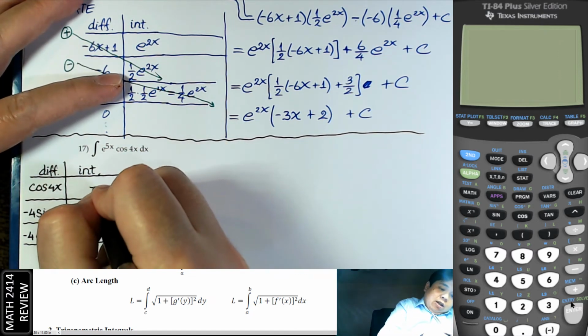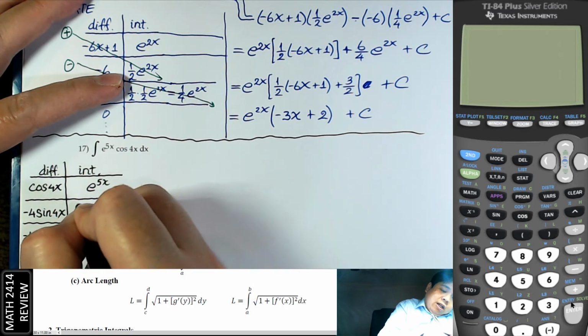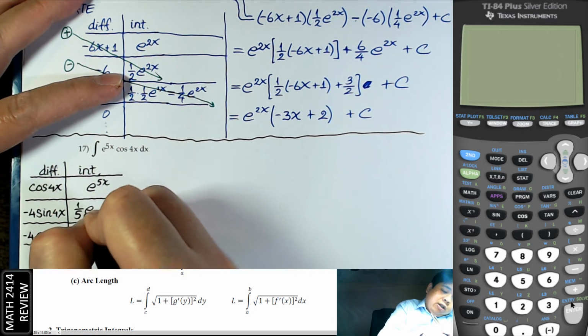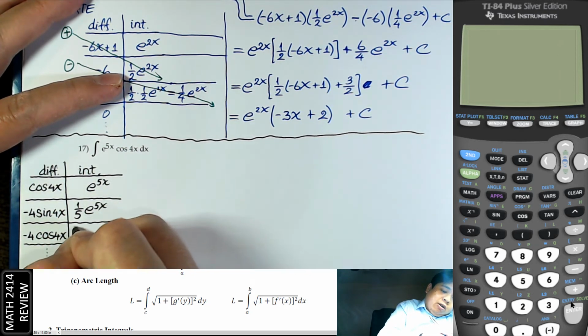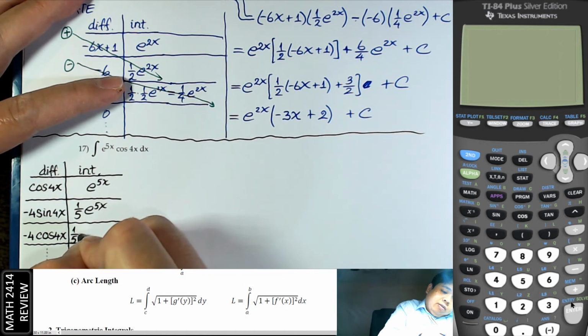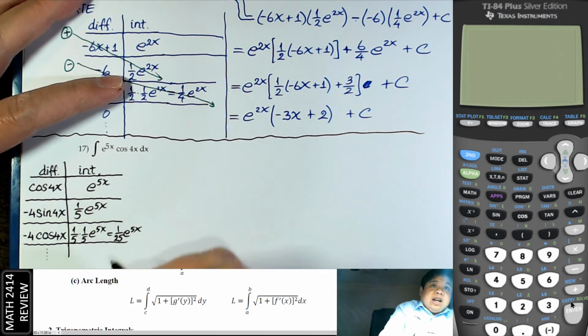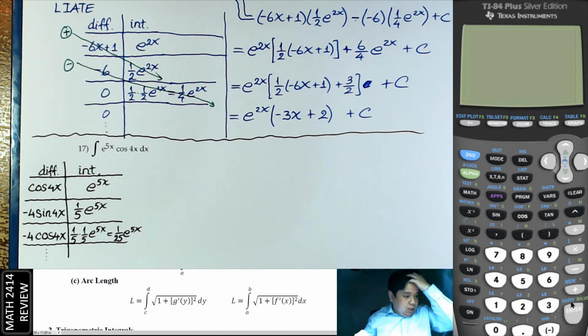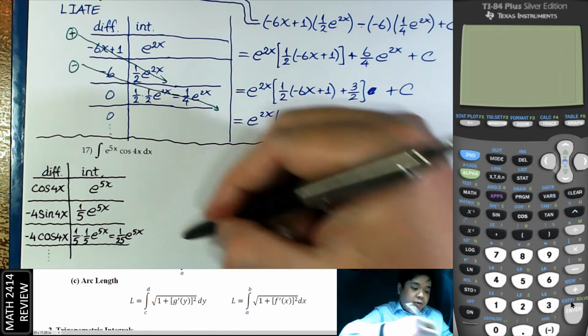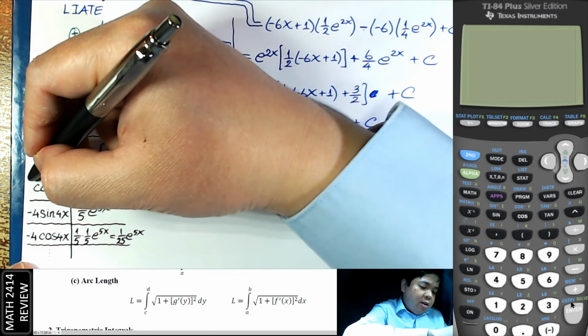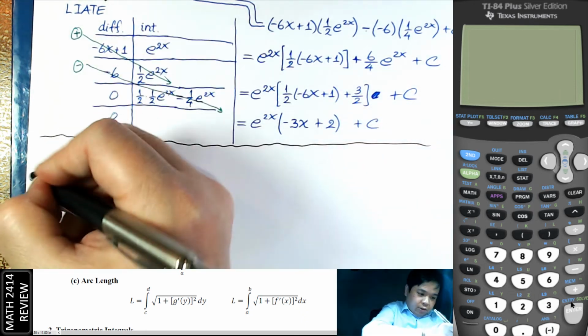Right, now e to the 5x, integrate, 1/5 e to the 5x, and another 1/5, so 1/25 e to the 5x. Again, it's not going to go to 0. So there must be something else if it doesn't vanish. Right, first, that diagonal is positive.